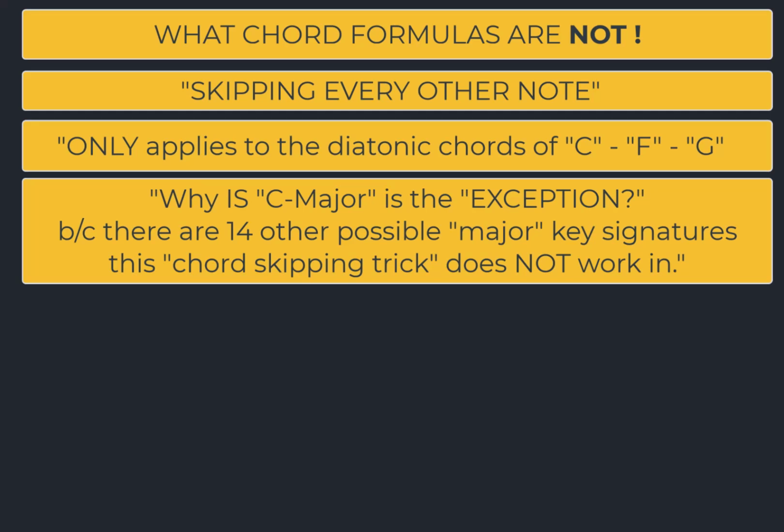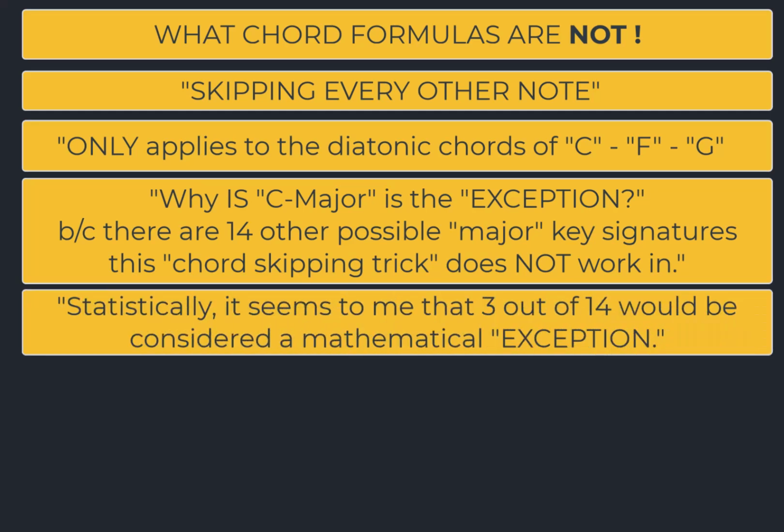So what other chord forming trick would they show you for those? Unfortunately, I don't ever recall hearing a teacher prominently addressing this issue. Statistically, then, it seems to me that 3 out of 14 would be considered a mathematical exception, not the rule.